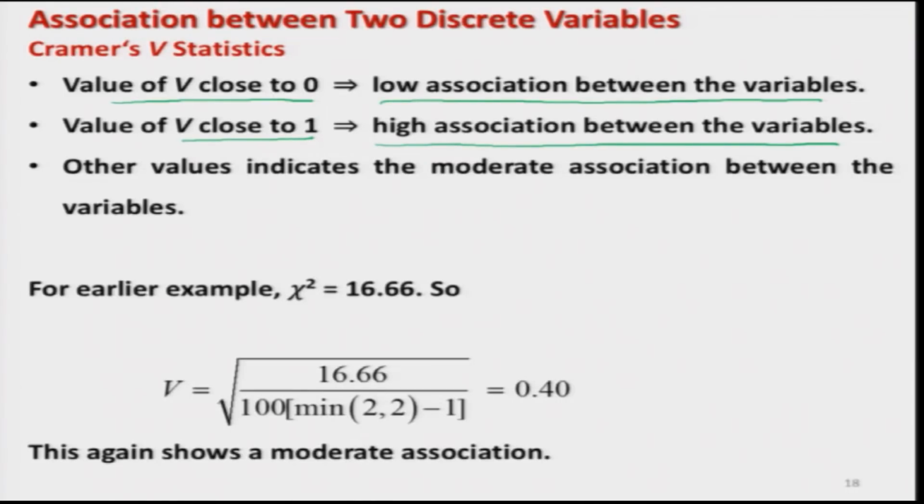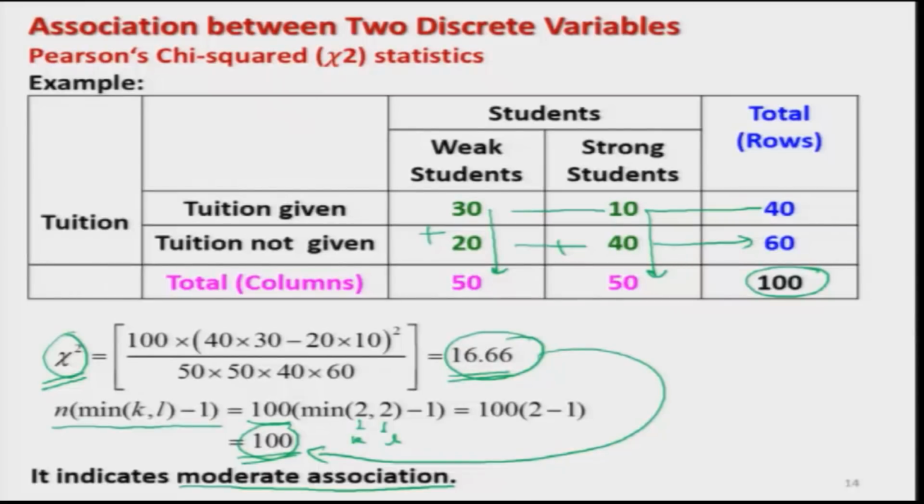And similarly, if you have any other value between 0 and 1, then depending on the magnitude of the value, that would indicate whether there is a low, moderate or strong association. Now you can see that in the earlier case we had obtained the value of chi-square to be 16.66, and we had concluded that the association is moderate.